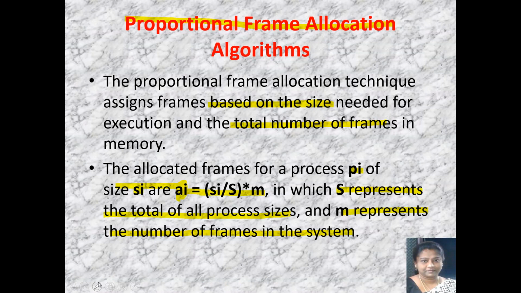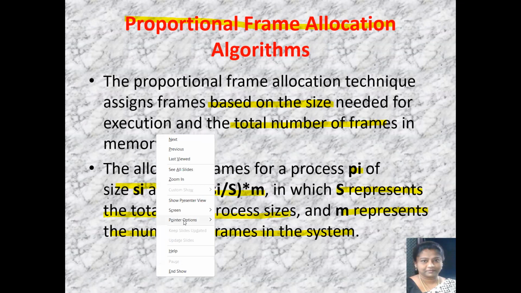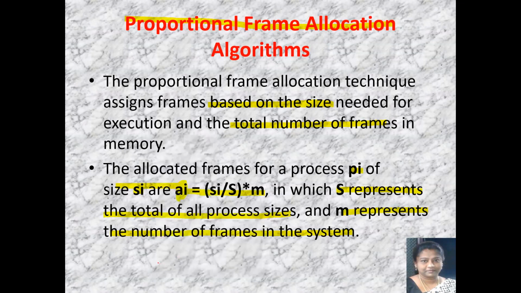Let me now give you a very simple example to show what proportional allocation is. Let me say I have a process P1 and a process P2. Now if P1's size is 10 KB and P2's size is 100 KB, and assume I have 50 frames, if it is going to be equal allocation, then P1 will get 25 and P2 will get 25.